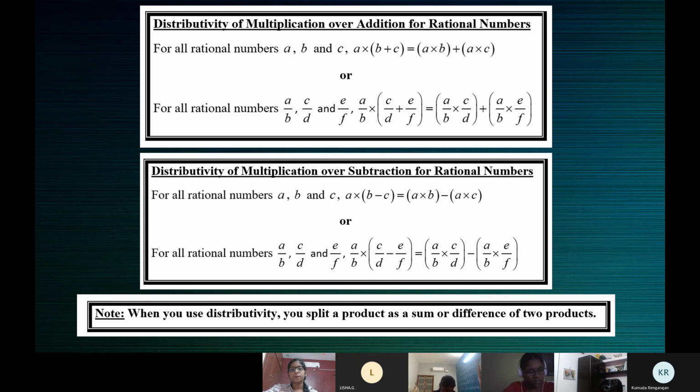Ma'am, for distributive property, we will not use non-zero rationals? It works for non-zero rationals, that is, for zero? No, ma'am, I'm asking whether we should not use non-zero rationals in this distributive property. You can. One of the numbers can be zero.